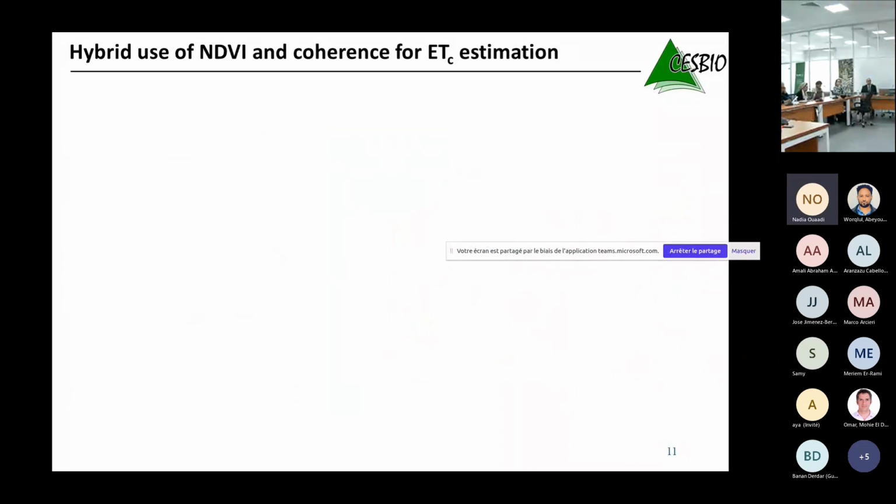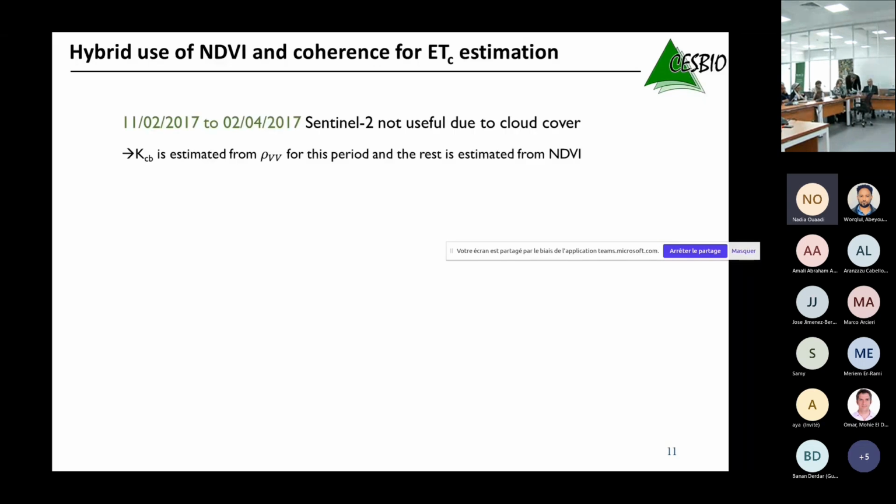So now, as we have shown, it is possible to use the synthetic aperture radar data to compute the basal crop coefficient, but it is also possible to use the optical and radar data, both of them, in a hybrid approach to estimate the evapotranspiration. For example, in this study, we had more than 1 month where the Sentinel-2 images were not useful because of the cloud cover.